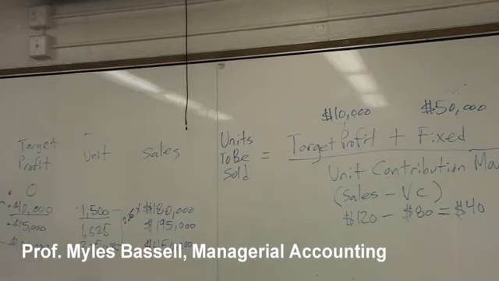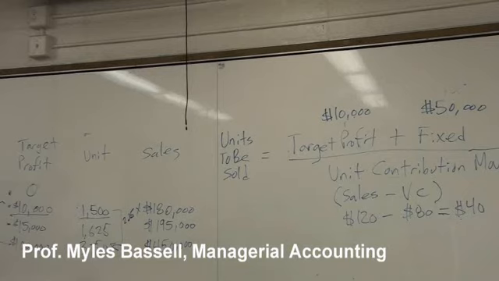Yeah, Greg? All right, I just have a question. In the first example, remember with the sales, variable expenses, contribution margin, fixed expenses, and that gets you the net operating income. So if I apply that to this, it doesn't seem to work out in terms of the numbers. At least maybe I don't understand it. So for example, for sales, for the first one, it was $120 times 1,500 units, which gets you 180,000 in sales.